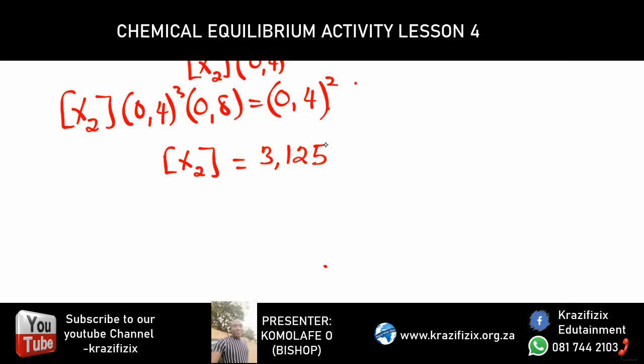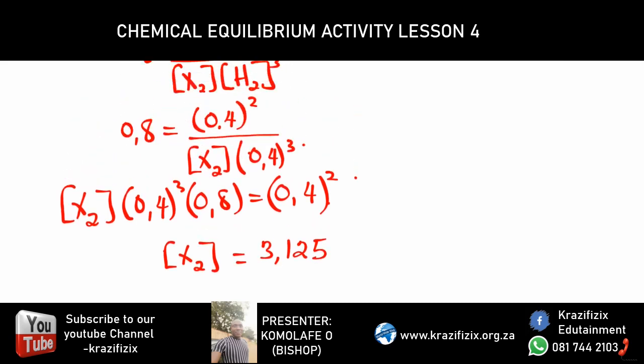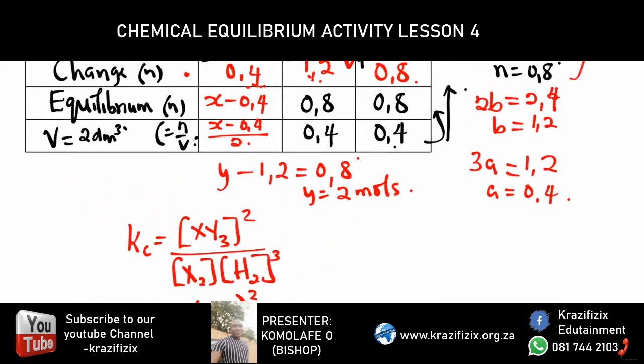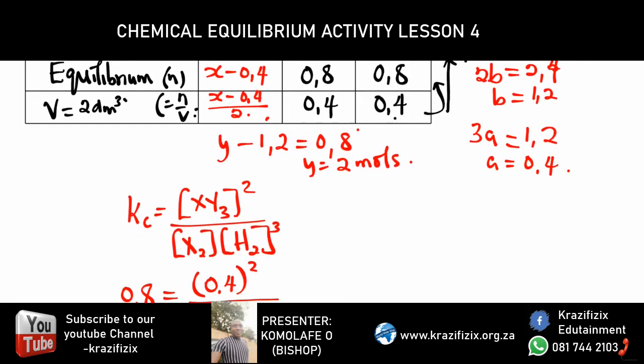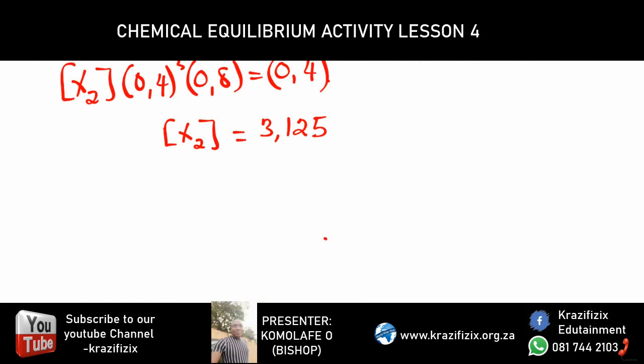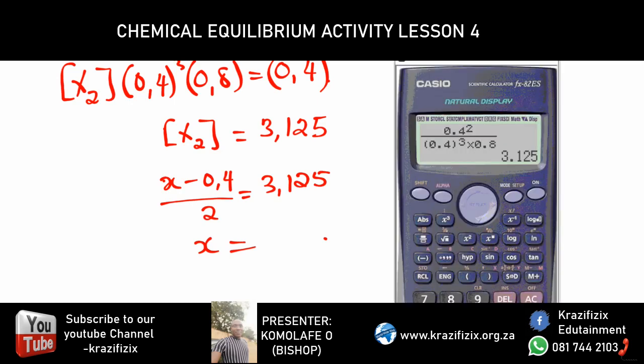Now let's go check. What is the concentration of X2? X minus 0.4. This is what I got. X minus 0.4 over 2. So I'm going to cross multiply and do the addition, right? Good. Multiplied by 2. Now remember the 0.4 goes to the right.